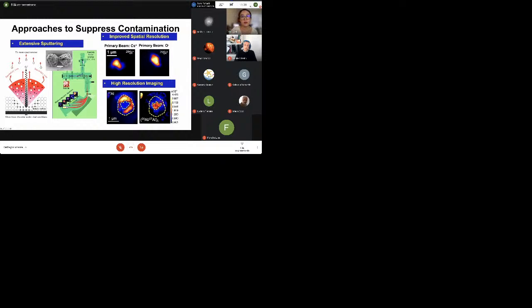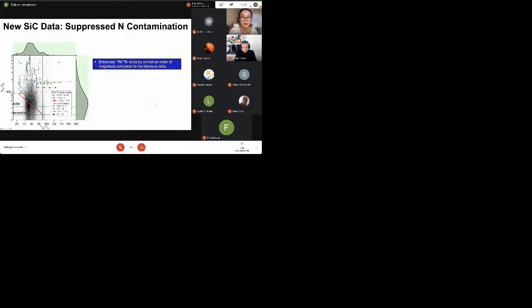Clearly, in this way, by only including the counts from the center of the grain, we were able to obtain a higher initial aluminum-26 ratio for this grain, and the reduced data is more representative of its parent star's nucleosynthetic signature. And here's the new result added onto the same nitrogen versus carbon isotope plot.